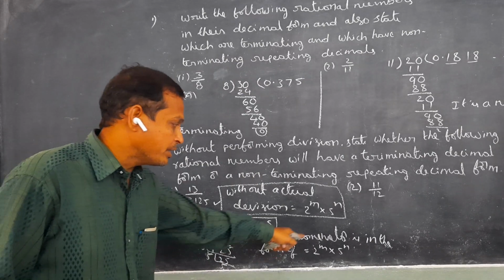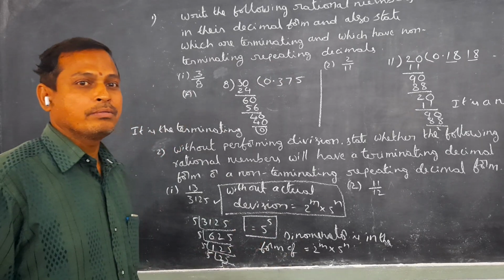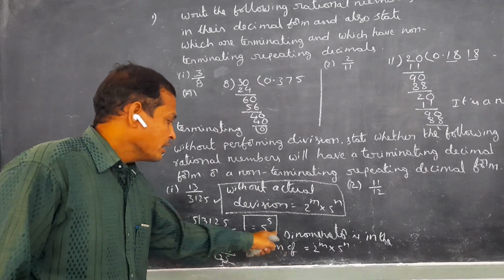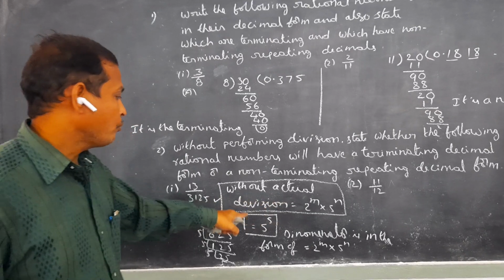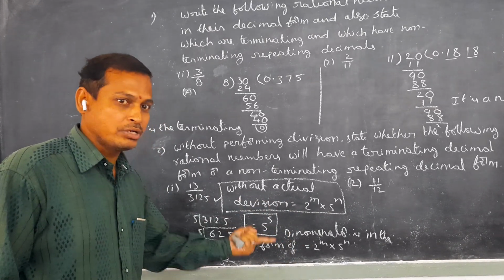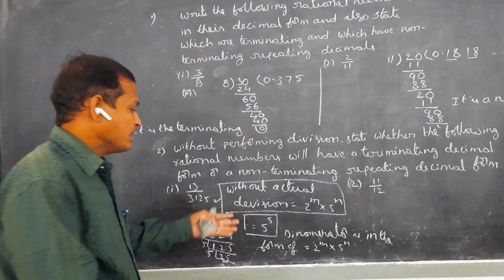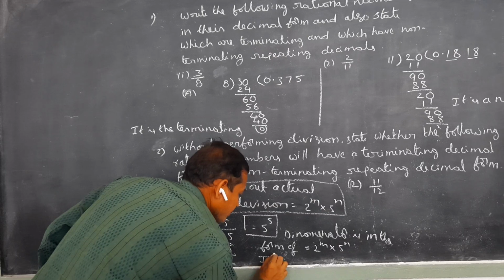So the denominator is in the form of 2 power m into 5 power n. If you require the value 2 only, 5 only, or both, comparing the values, it is a terminating decimal.